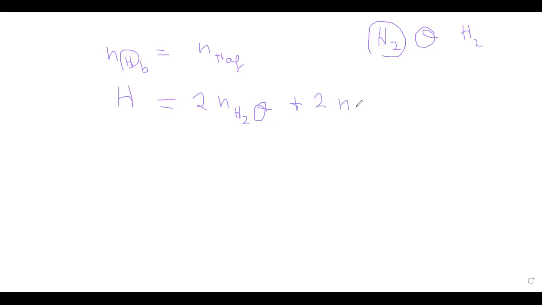So if you divide now by 2 the equation, you will go back exactly to the same result before, which is H over 2 equals NH2O plus NH2, the result of the balance of hydrogen, okay?